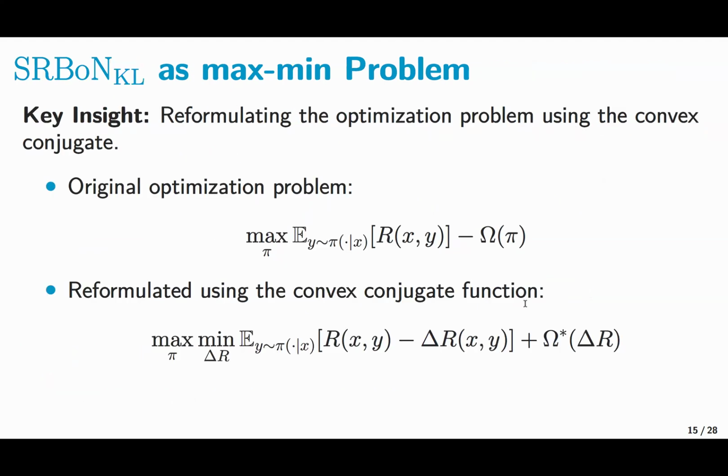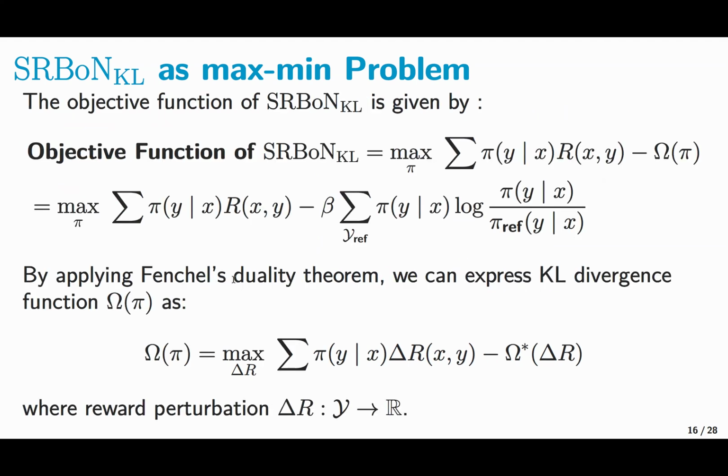Using the concept of the convex conjugate, the original SRBoN-KL problem, with this formulation, is only a maximization problem. But we can reformulate it as a max-min problem. I'm going to explain a short proof.